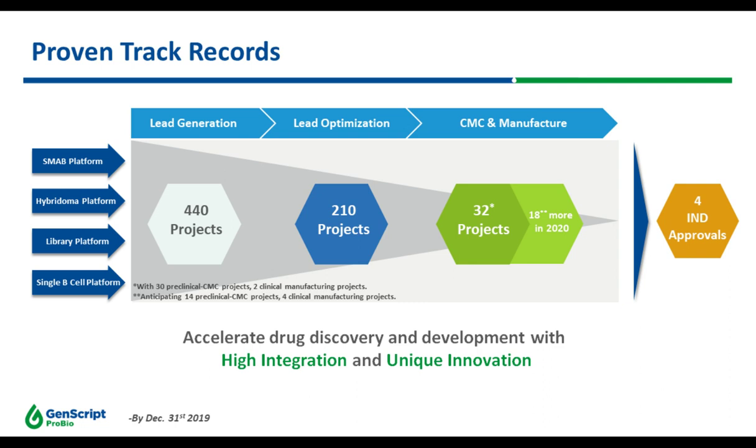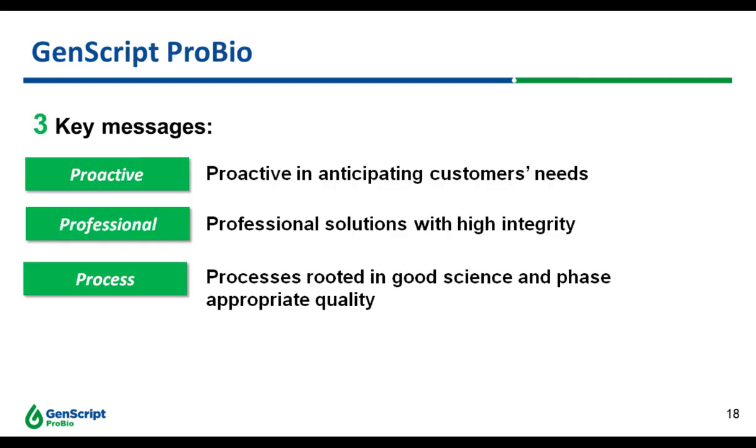Overall, we have proven track records with more than 440 projects carried out in the company, from lead generation all the way to CMC manufacturing, which is produced for IND approvals. So for GenScript ProBio, we are proactive, professional, and the process is rooted in good science and appropriate study quality.